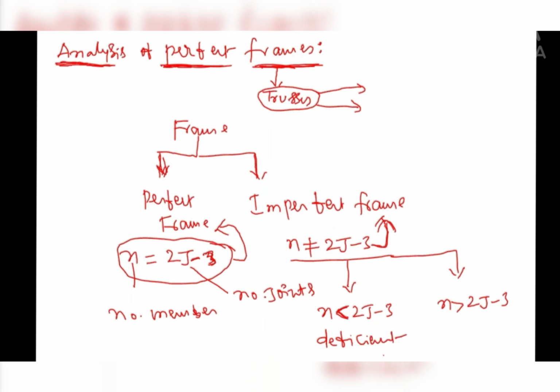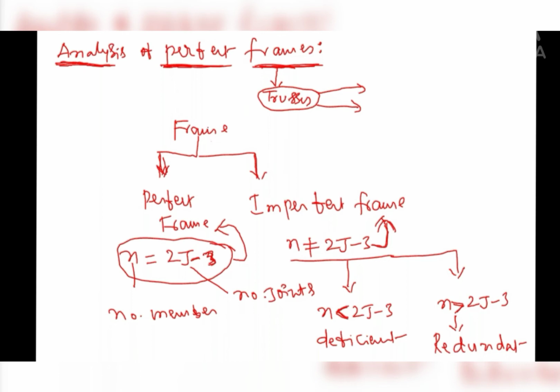Deficiency is there: the number of members is deficient compared to the number of joints. So this frame is called a deficient frame. If the number of members is more than 2j minus 3, we will call this frame a redundant frame. Okay, is it clear?